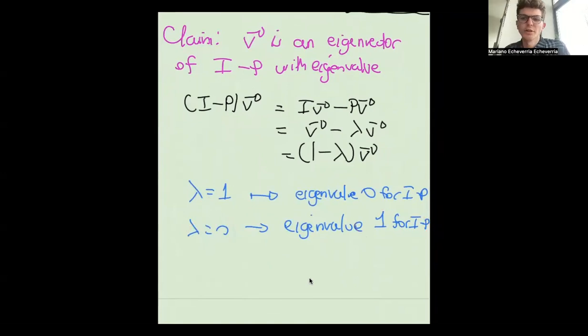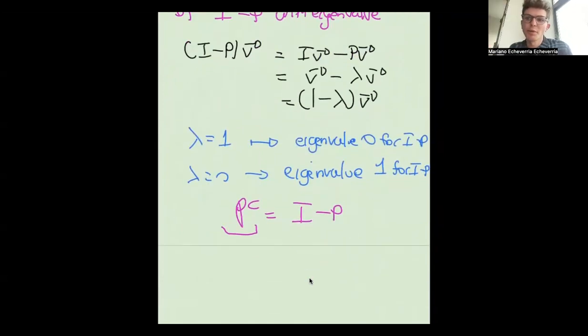Is that clear? So this is why I minus P is called P^C, because the C stands for complement. It is the complementary possibility. If I say "I like pizza," that's either true or false. The complementary proposition is "I do not like pizza."